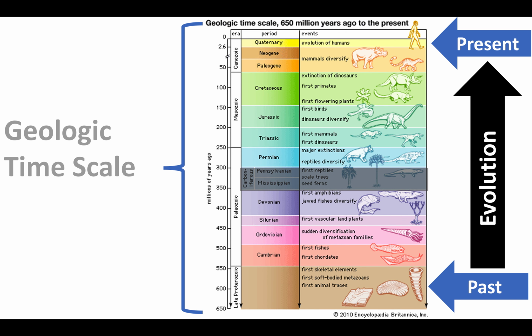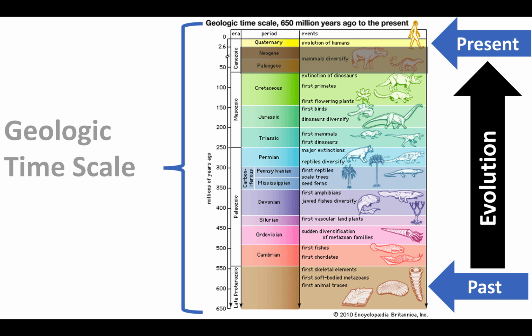After that, you got more trees to form, and then you had the first reptiles on Earth. Then moving closer to the present, a time period called the Triassic. That's where we had the first mammals on Earth and the first dinosaurs. After that, we had the Jurassic period. That's exactly where the title of the movie Jurassic Park comes from. That's when dinosaurs were really abundant, and you even had the first birds form.